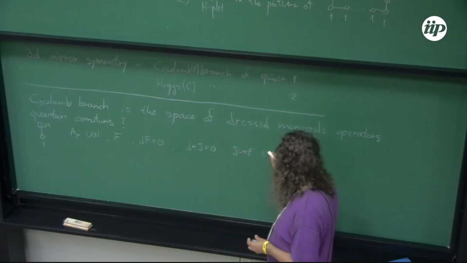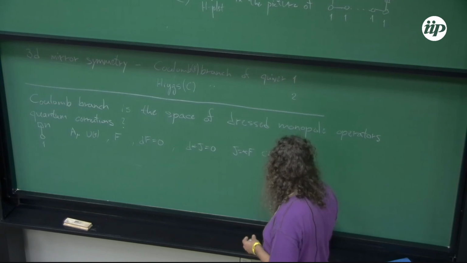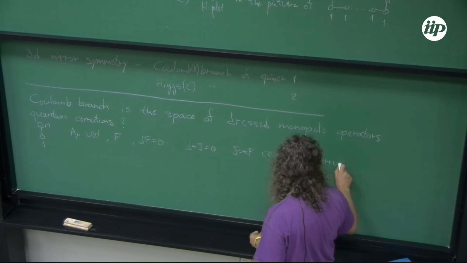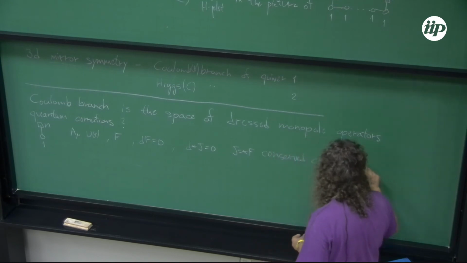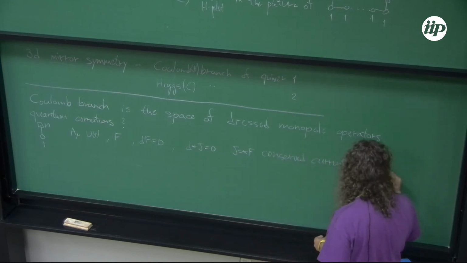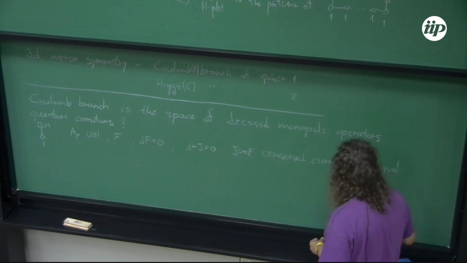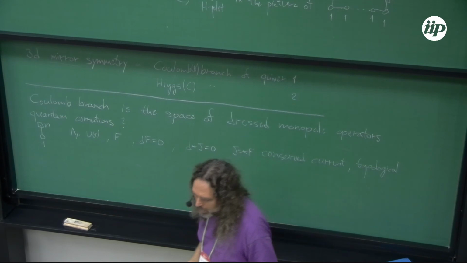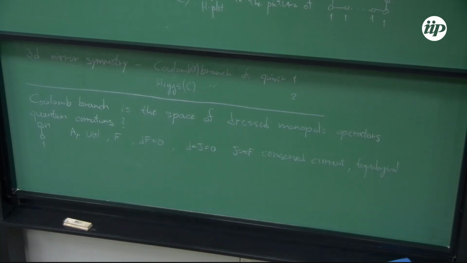So this is a conserved current, and it's topological, because its current conservation follows from the structure of space-time, from the geometry, and not from the details of the equations of motion.